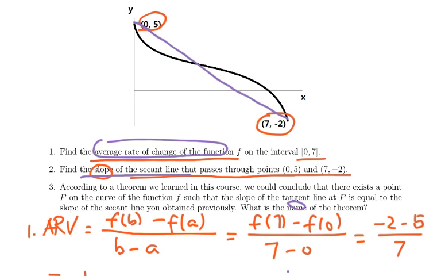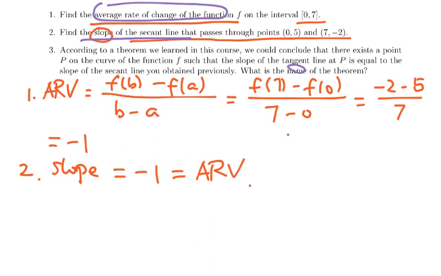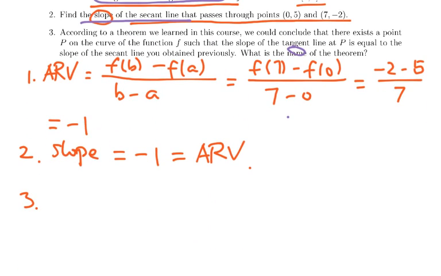According to the theorem, there exists a point P on the curve of f such that the slope of the tangent line at P is equal to the slope of the secant line passing through (0, 5) and (7, -2). This is what the mean value theorem tells us.